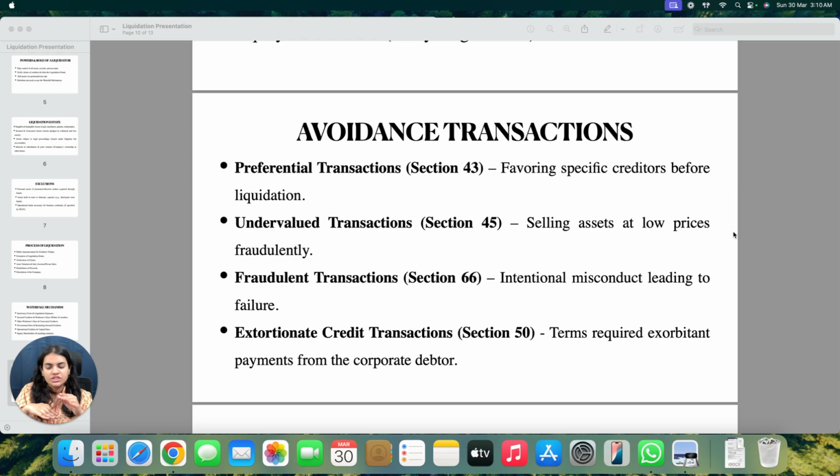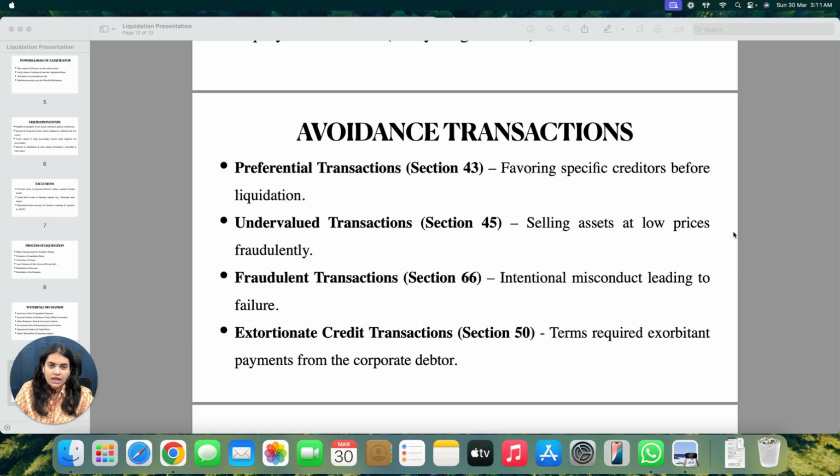Any term which is not ordinary and which imposes an extreme stress or puts a corporate debtor in such a position will be considered an extortionate credit transaction. And upon filing an application, the adjudicating authority may either reverse the credit transaction or may remove the problematic clause or take such other necessary decisions.